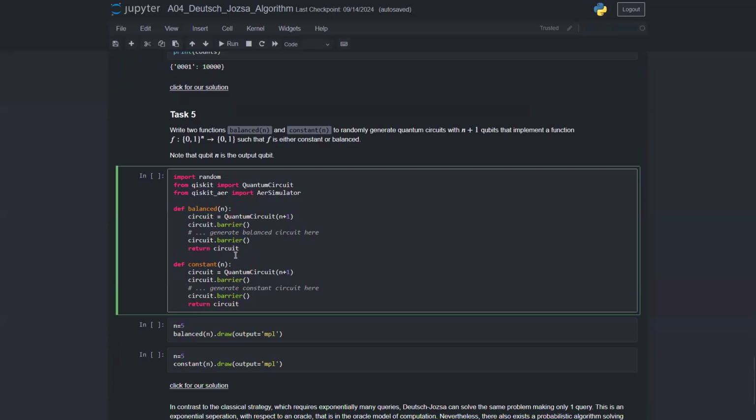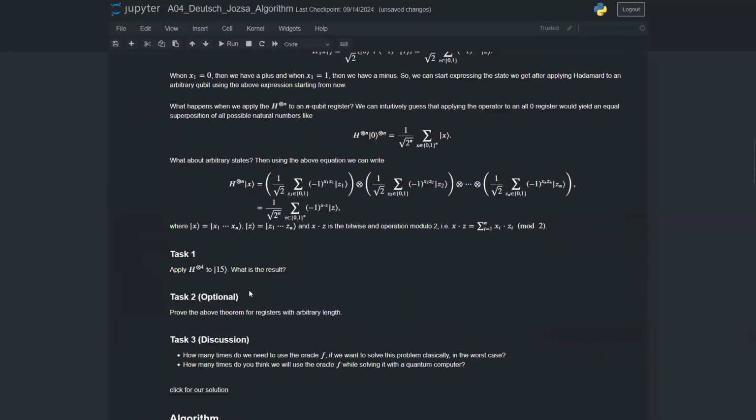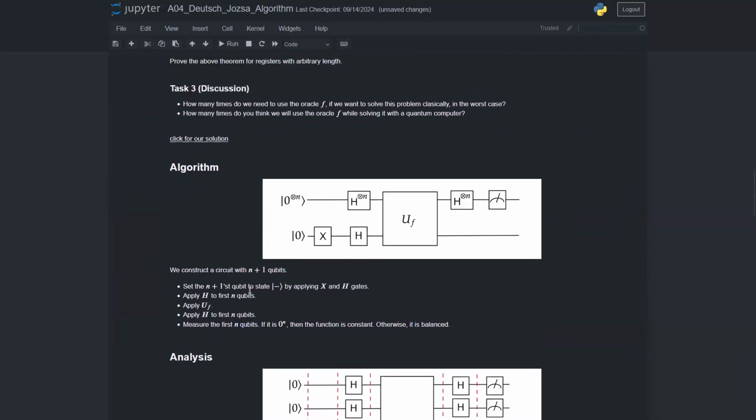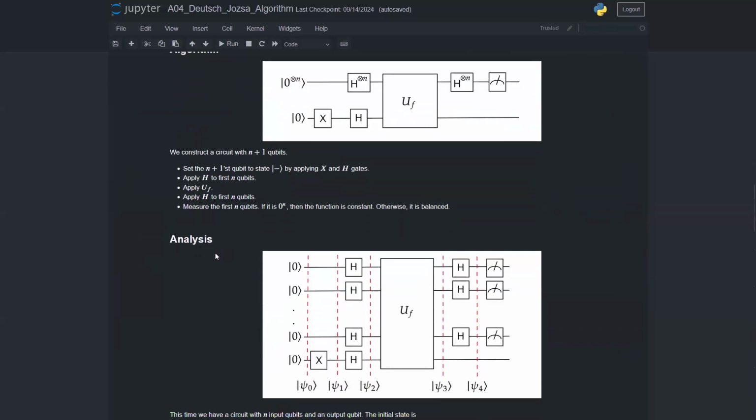The constant function will be easier to write, so we can start with that. So what happens when the function is constant? For example, f of x will be equal to 0. We have to generate the constant circuit. Do we have to do anything here to change it?